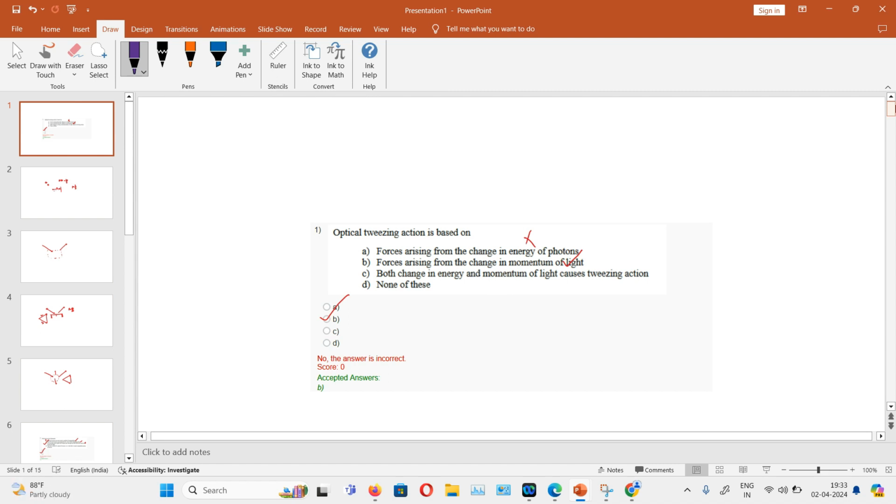Using the force you can manipulate microscopic particles, and along with that, the particles attached to them, or cells or organelles, which you can actually manipulate.